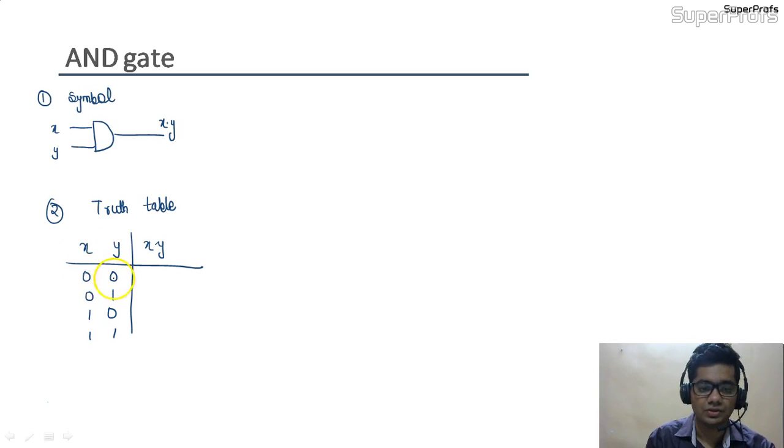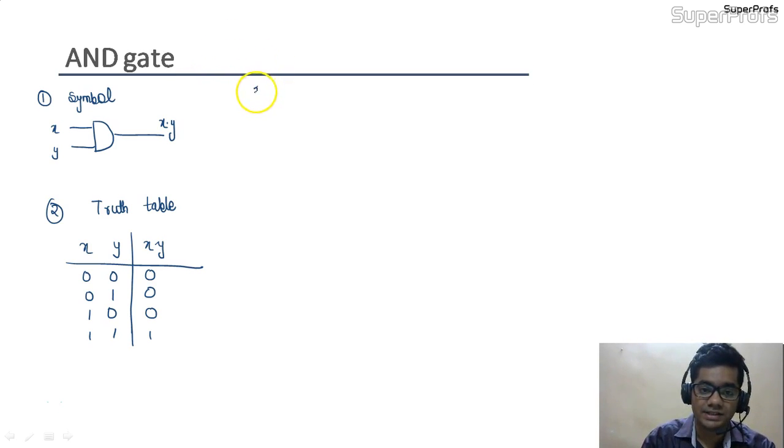For 0 0, the output would be 0; for 0 1, the output would also be 0; for 1 0, the output would remain 0; and for 1 1 input, the output would be 1. So for the AND gate, only if both the inputs are in logic high level, the output would be in logic high level. So this is the truth table and the symbol for the AND gate.